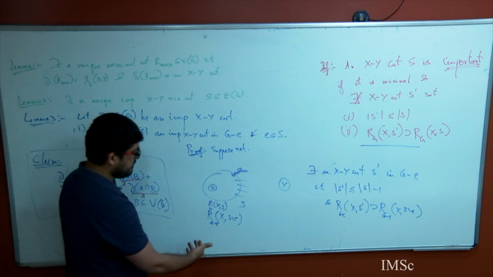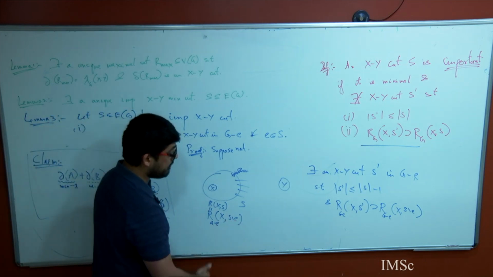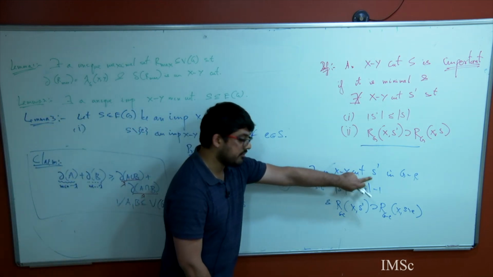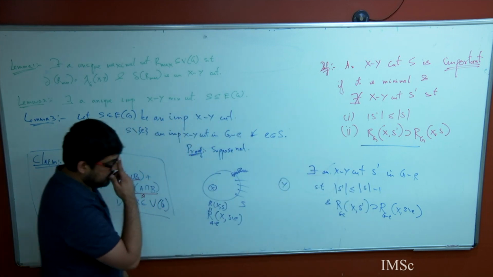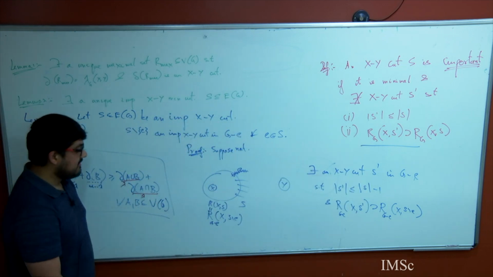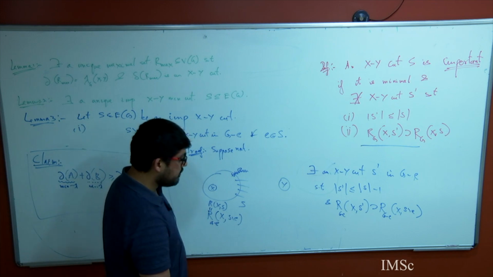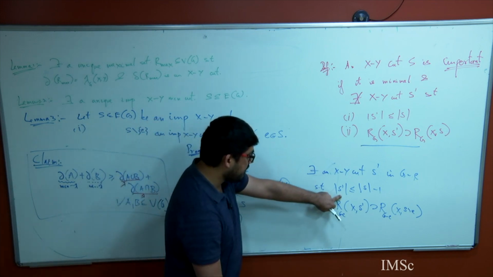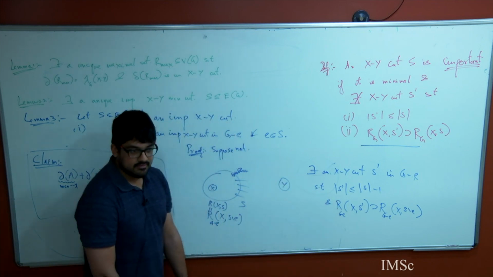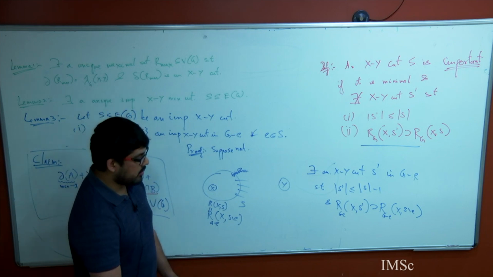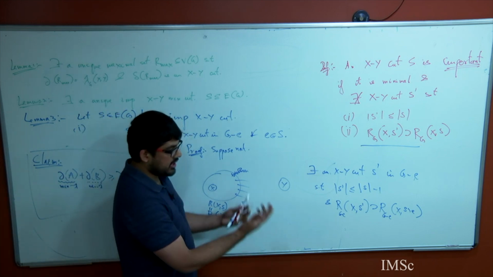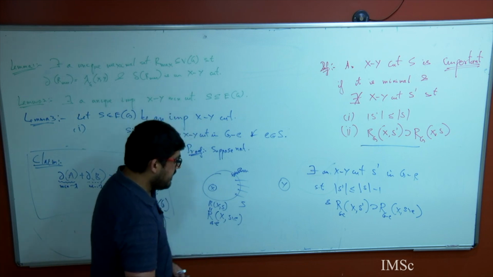Right, so for contradiction, when you assume that this guy is not important, it must be because of the existence of this S prime. But now, let's look at S prime union E. Right, so now I just add E to S prime, come back to my original graph.